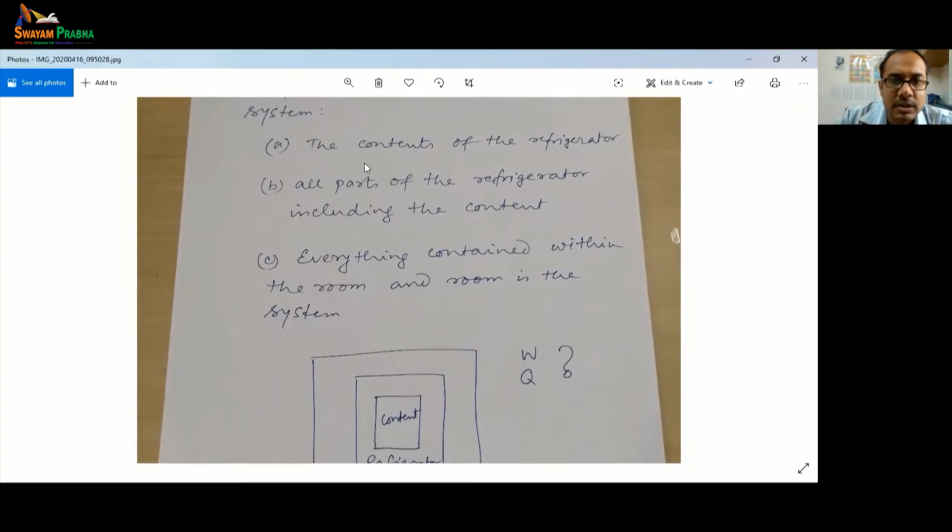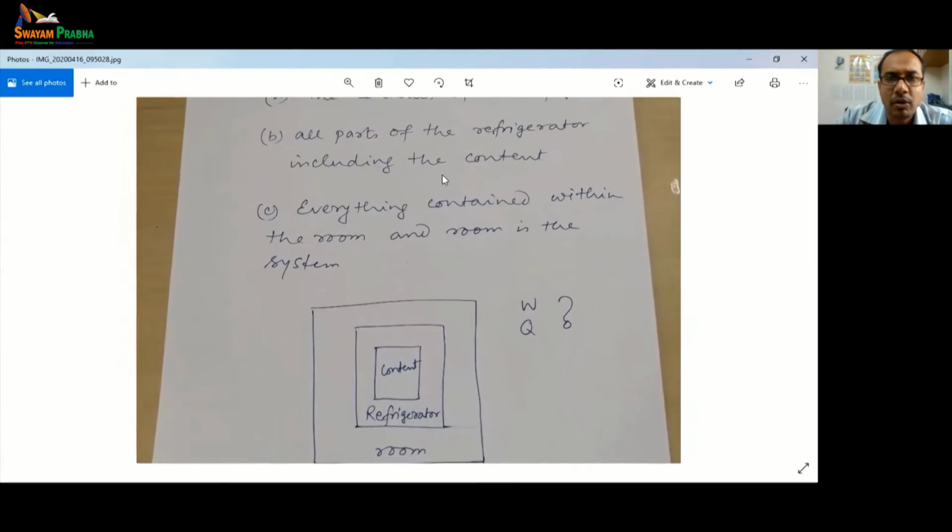First case is the content of the refrigerator is the system. That means the food items, milk and other things that you have inside the refrigerator. The second case is that all parts of the refrigerator including the content, so the whole refrigerator is your system now.